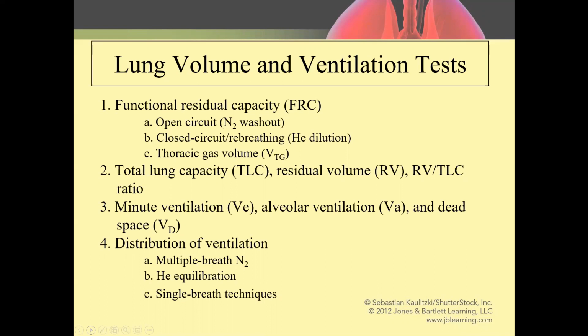I don't want to get too bogged down in any one of these slides here, but those are some of the basics. Total lung capacity: you'd use some of the same tests that you use to determine residual volume and functional residual capacity as a tool in calculating total lung capacity. Minute ventilation, alveolar ventilation, and dead space ventilation can also be determined, but also calculated based on blood gases, based on, if you remember, PaCO2 over PECO2.